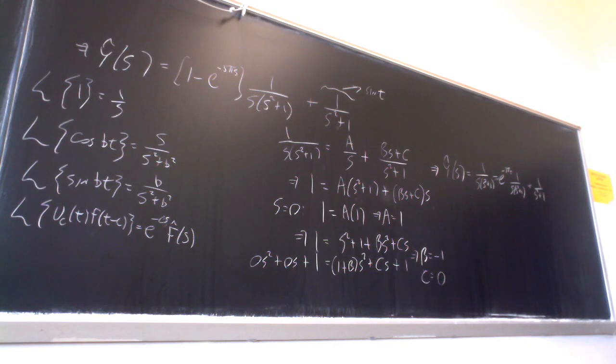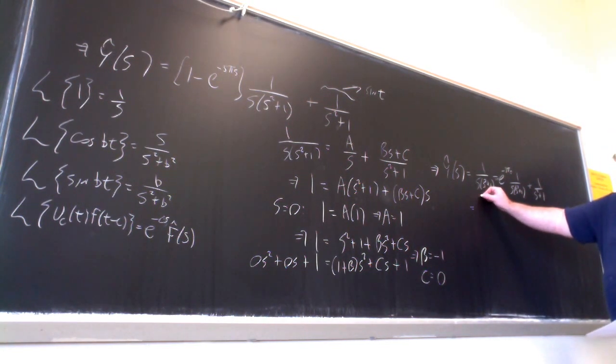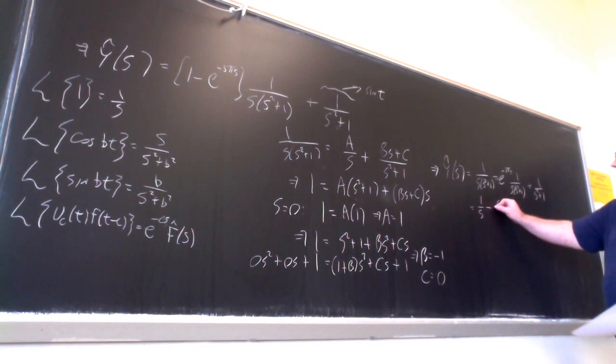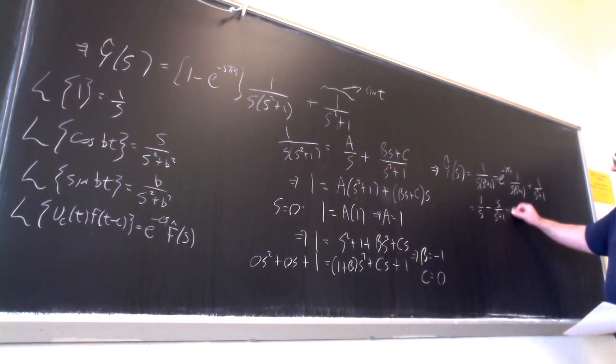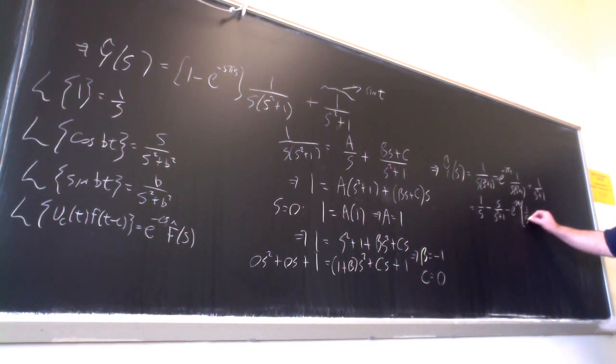So now using what we have there for partial fractions, we have 1 over s, and then b is minus 1, so I have minus s over s squared plus 1. And then the same terms again.